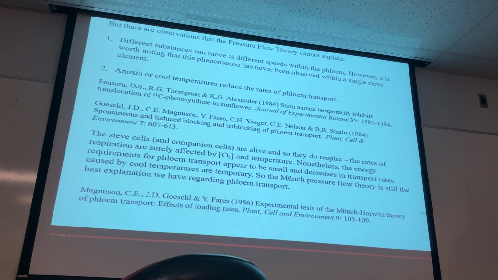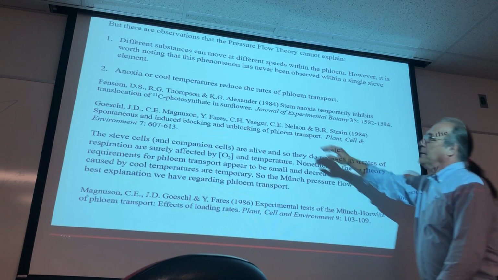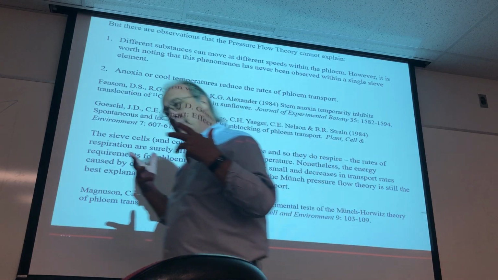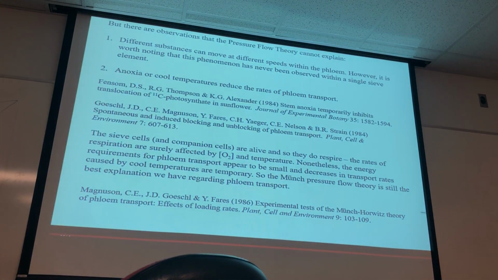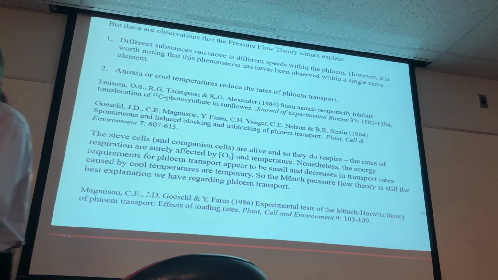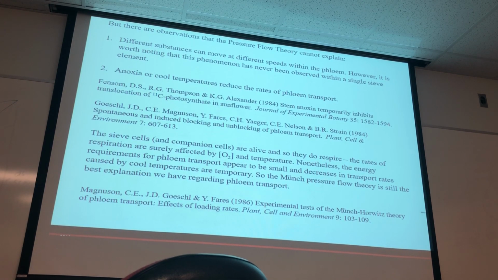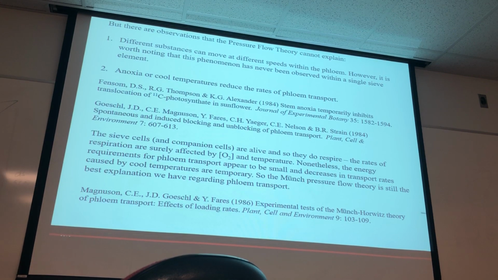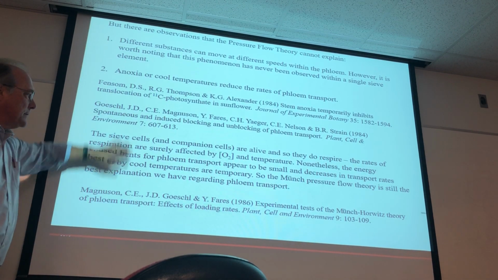So there's something about the transport system in the phloem that seems to require those cells to be alive and respiring to make things work. And Münch's theory is silent on that, doesn't say anything about it. All right, these 1980s papers talk about that.